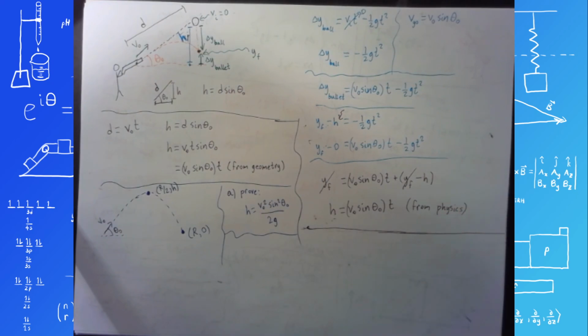And then part B is going to require a trig identity, which you would have to remember from pre-calculus.